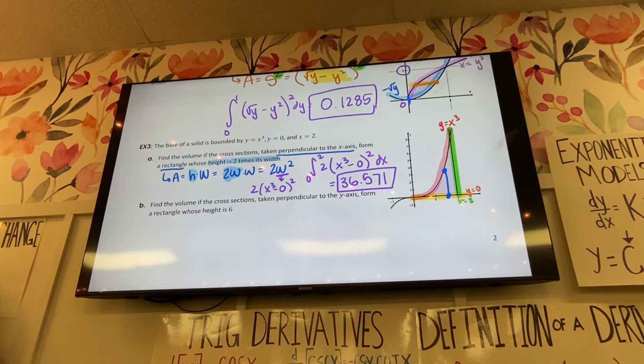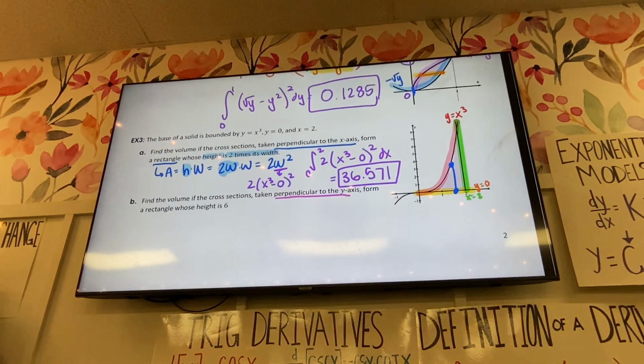It says find the volume of the cross section taken perpendicular to the y-axis. So now we are in terms of y. And we have a new shape. It's still a rectangle, but the information it gives me about the rectangle is different. So my area of a rectangle is still height times width, but what does it tell me that I can plug in to write this in terms of one variable? 6. 6 is the height.